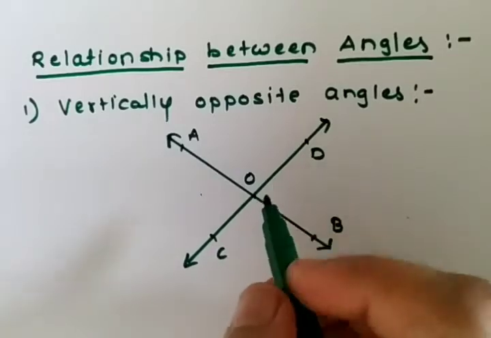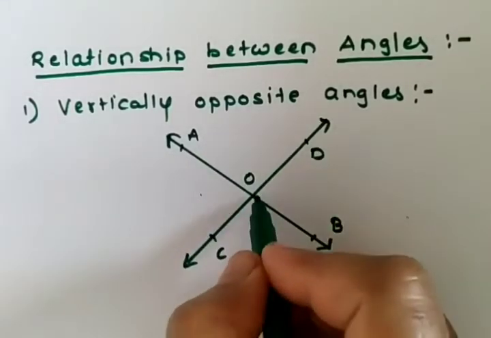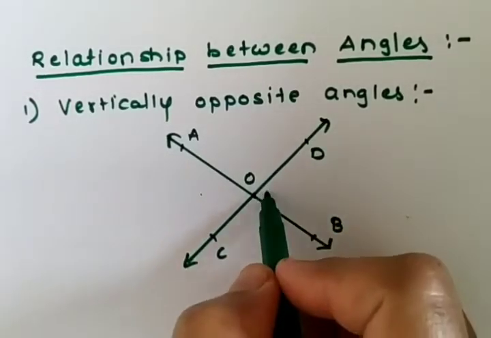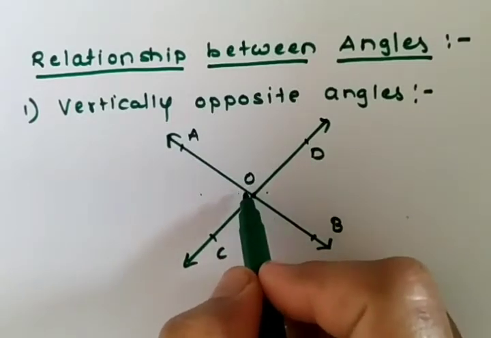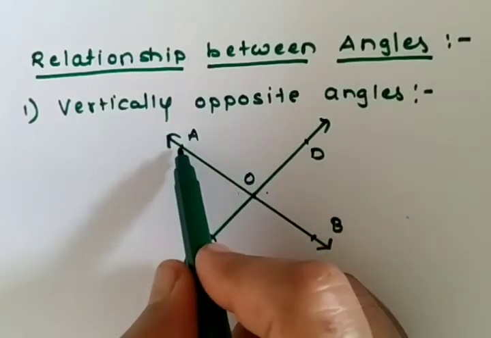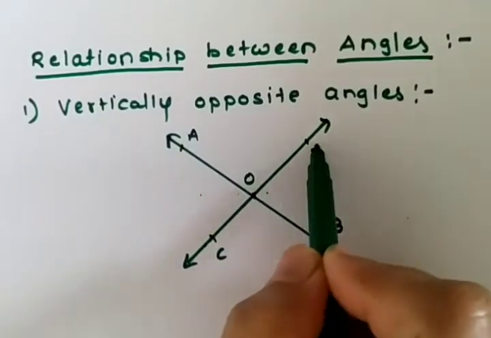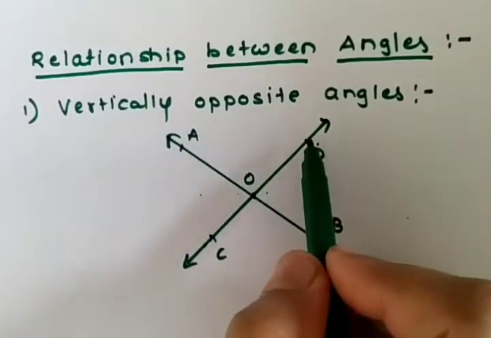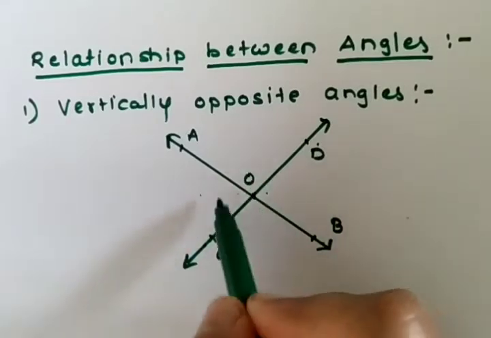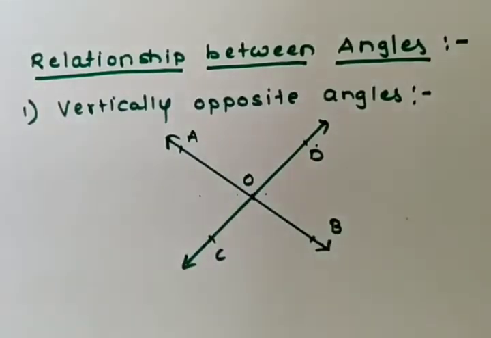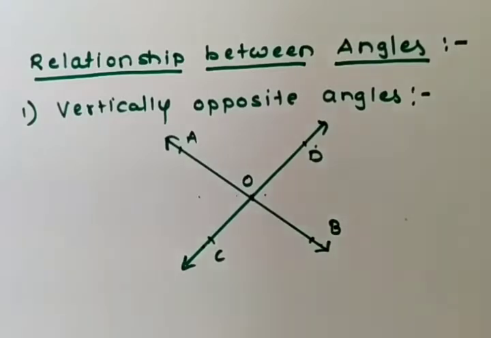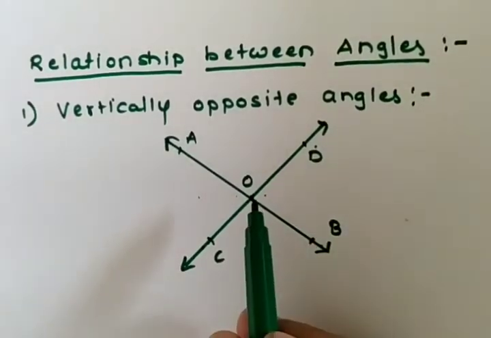Because of this point of intersection, you can see here four angles are formed. Names of the angles are AOC, then COB, then BOD and AOD. So here four angles are formed. Can we see any relationship between them?